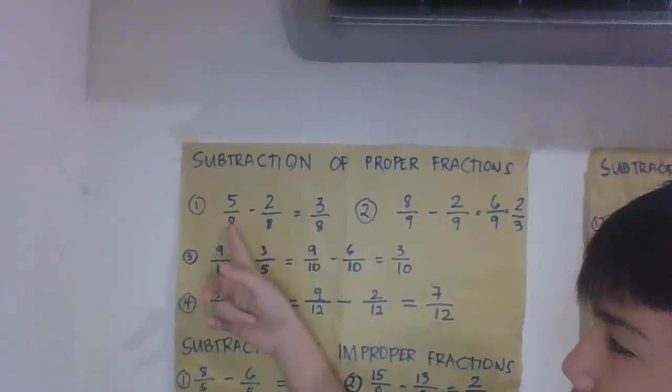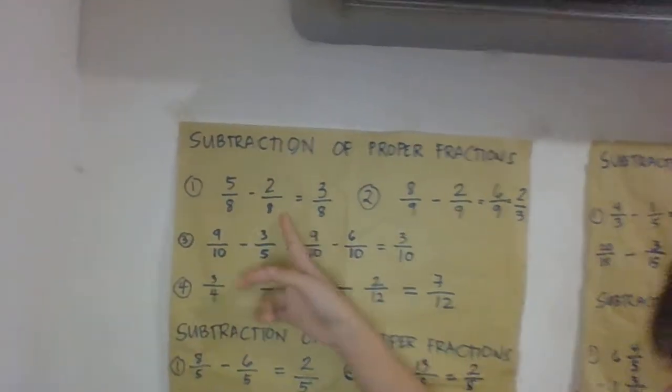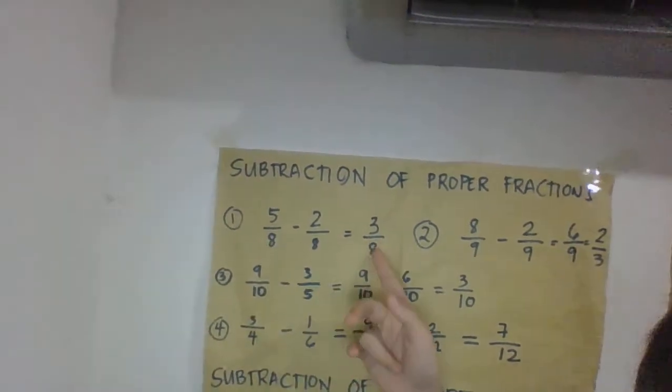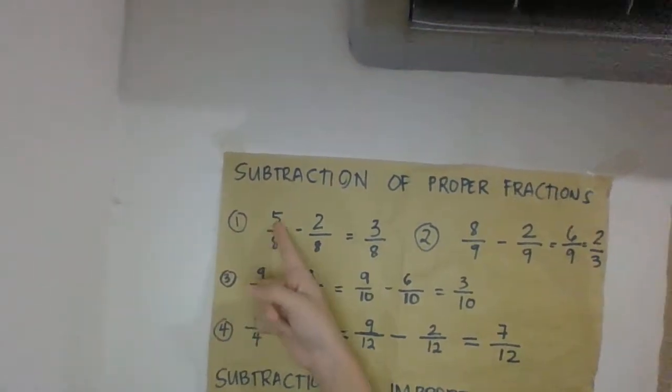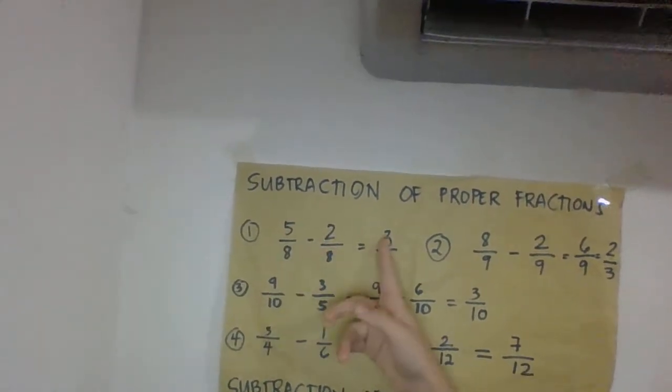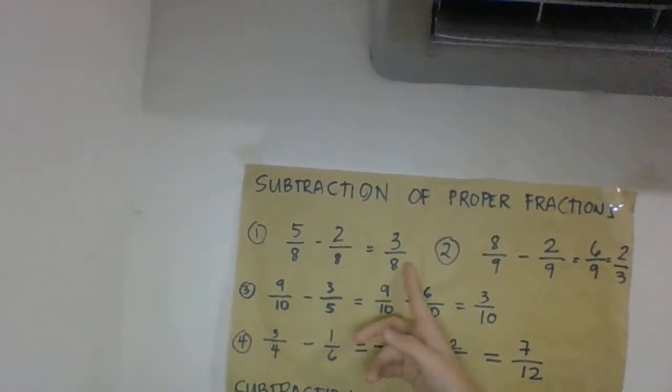I have here the example of subtraction of proper fractions. Number 1. Since we have like denominators, we can just copy it here so we can subtract already. 5 minus 2 equals 3 and we copy the denominator 8.